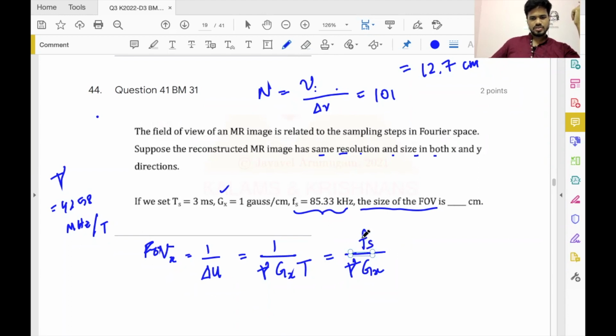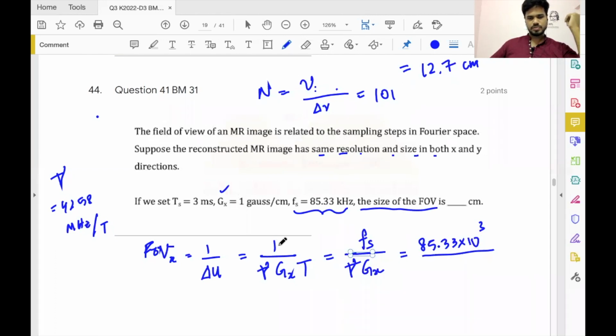Okay, and so now we know all the things. We can quickly find the field of view, which is the same in both directions. So this is 85.33 into 10 power 3 by, we have Tesla to Gauss. Let's keep this in Tesla.